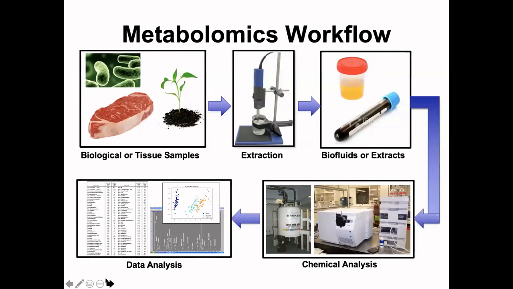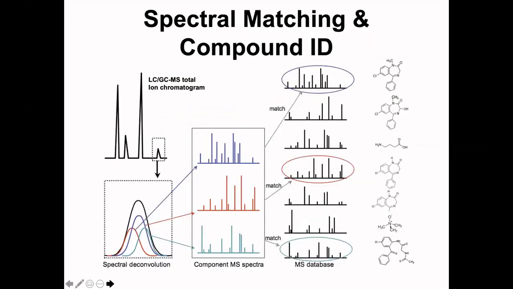The revolution, as I think Jeff and Shujiao highlighted, has been in the last 10 or 15 years, which has been the development of data analytic tools that allow us to look at, rather than just one compound at a time, hundreds or thousands of compounds at a time, to look at really complex mixtures and read out the chemical composition. So the data analysis is where a lot of the focus is, and this is why bioinformatics and cheminformatics play a crucial role in metabolomics today.